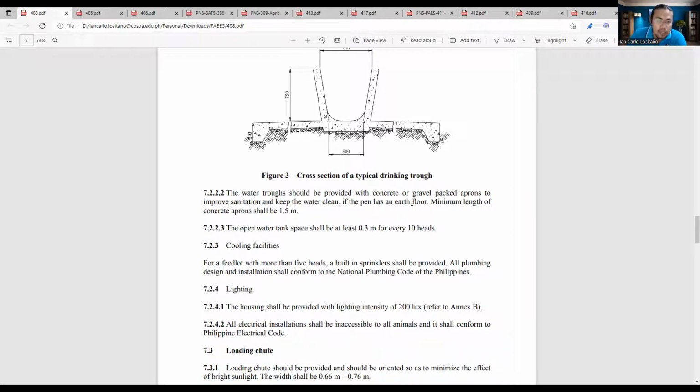And there's a minimum length for the apron, which is 1.5 meters. And then the open water tank space shall be at least 0.3 meters for every 10 heads.